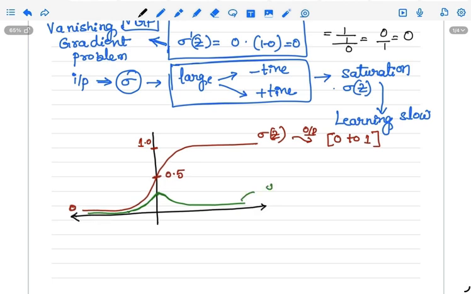This is sigma dash of z, the function in terms of sigma of z times 1 minus sigma of z. Here is the saturation region. Saturation means sigma dash of z equals 0, that is, the derivative is 0 here also.